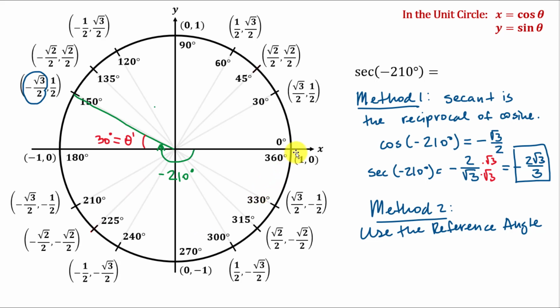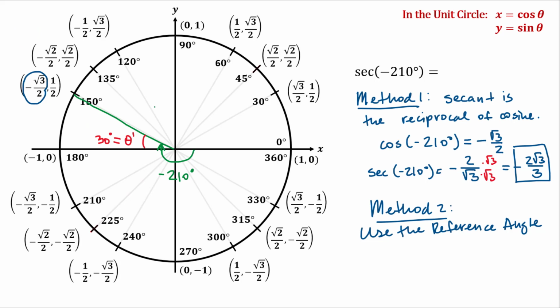Well, this is true not only for cosine and sine values for all related angles, but for other function values as well. So what I'm trying to say here is that secant of a negative 210 degree angle will have exactly the same numerical part as secant of the 30 degree angle. And then we'll just have to think about what's the appropriate sign to use, positive or negative.